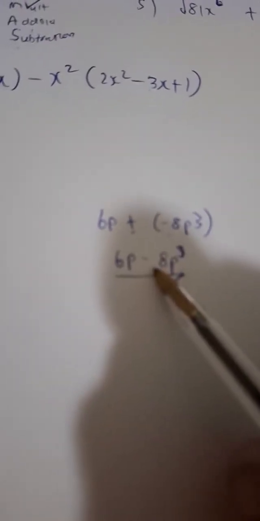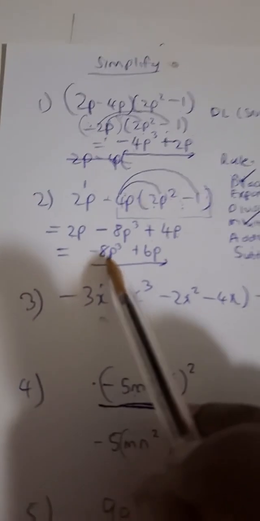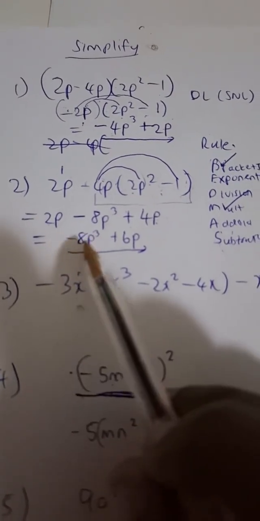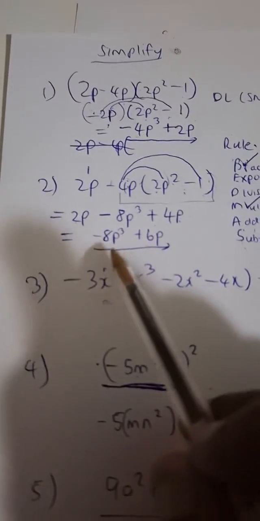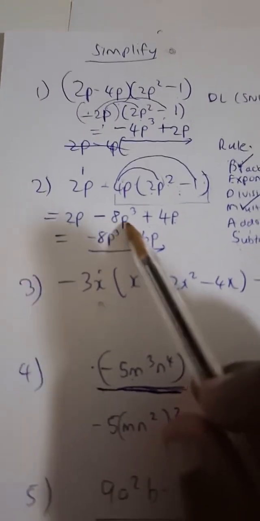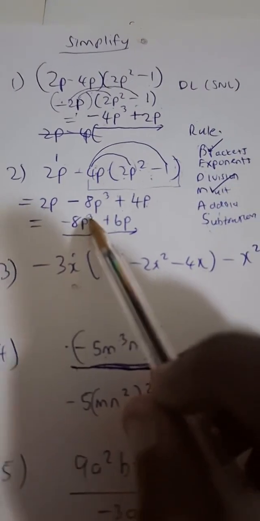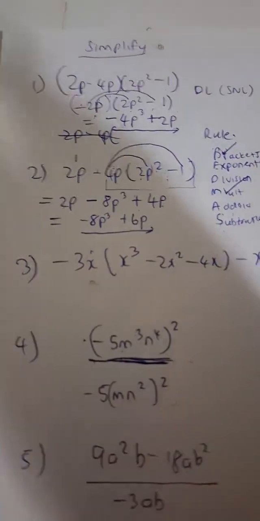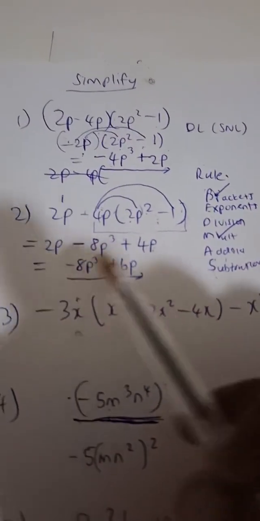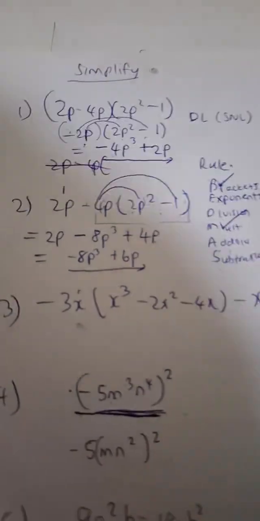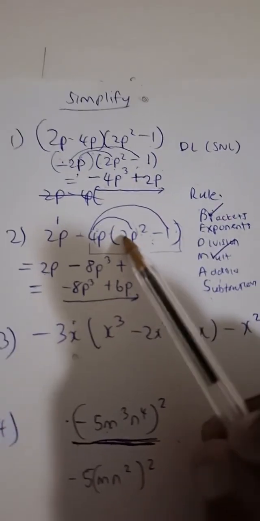The 8 has a negative sign and the 6 is positive. As long as, at the end of the day, it's fine. It's just that we always like writing our answer having the highest exponent as the leading exponent, the leading term. All right, so that's just a convention. But even if you said 6p minus 8p to the power 3, that would be fine. That's still true. It still is the answer.